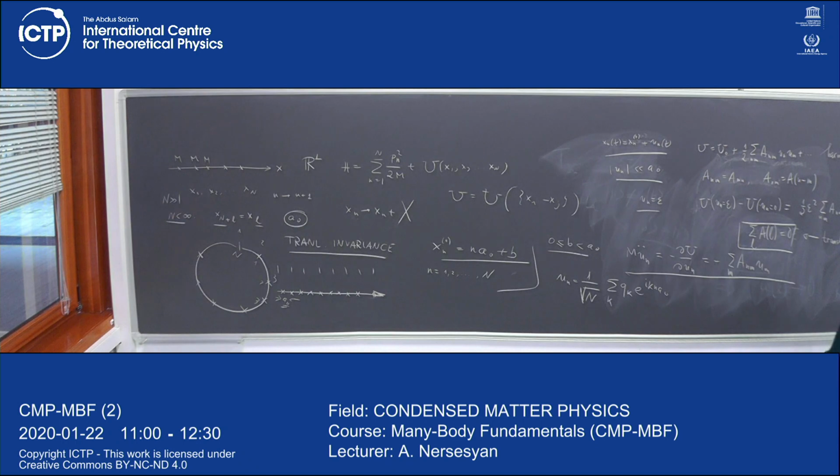But be careful. It's not that fast. The momenta are good quantum numbers in empty space, when full translation invariance is present. For a free particle in empty space, the momentum is a perfect quantum number.